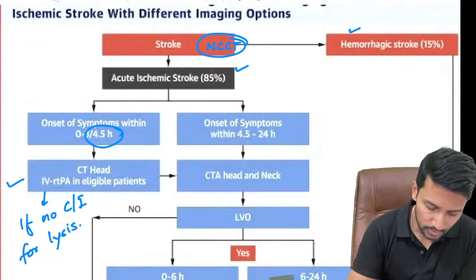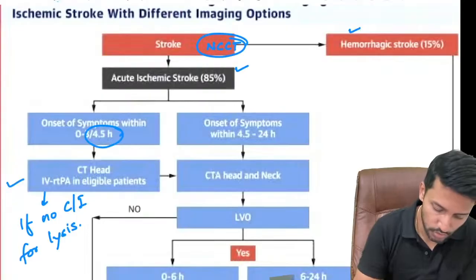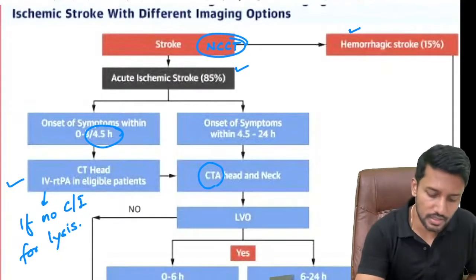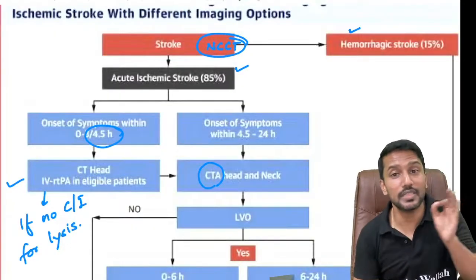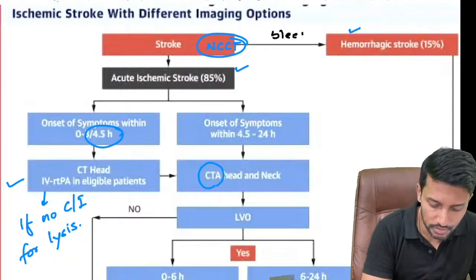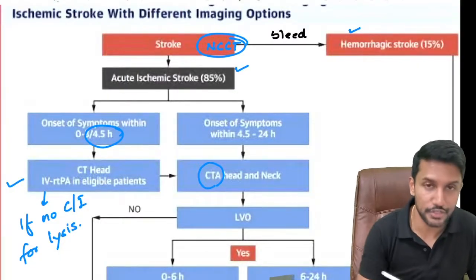But after that, we will also get the CT angiogram. Why CT angiogram? Because our non-contrast CT will only tell whether there is a bleed present or not, right? It is not good for identification of infarction and blood vessel occlusion. That is why we have to do a CT angiogram.